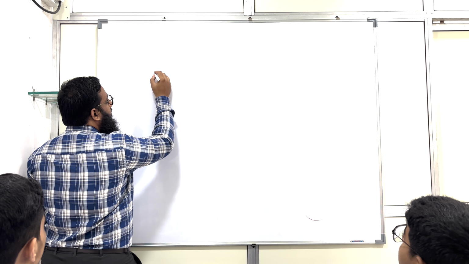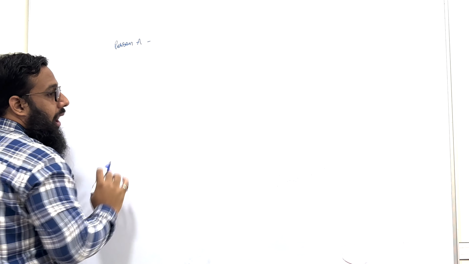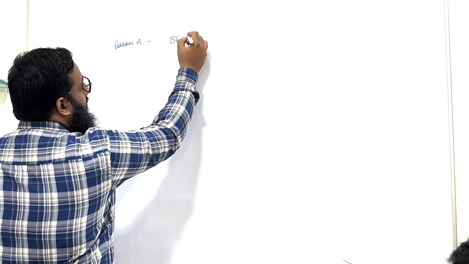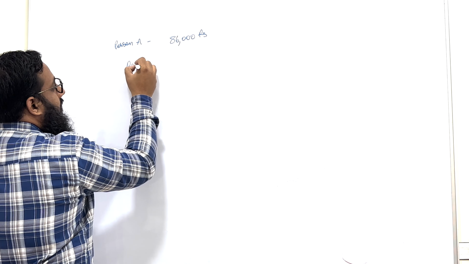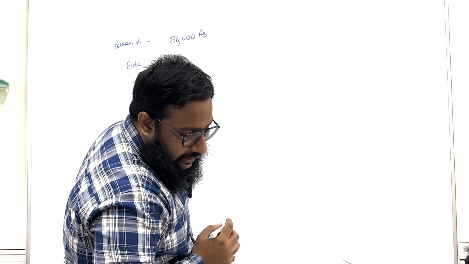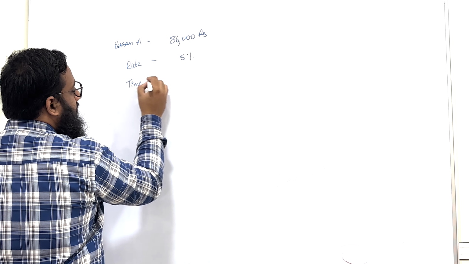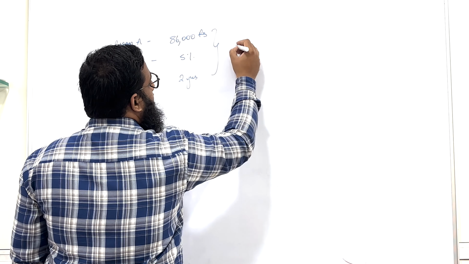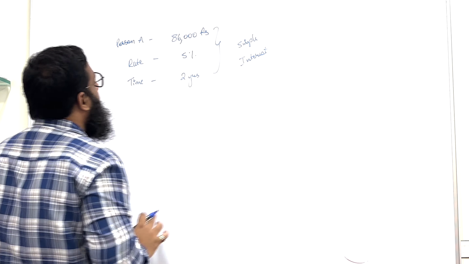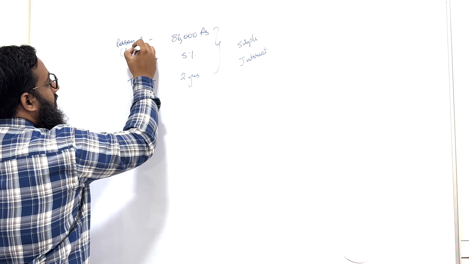Person A has borrowed a sum of 86,000 rupees at a rate of interest of 5% and a time period of 2 years. All this is on simple interest. This would be the principal.